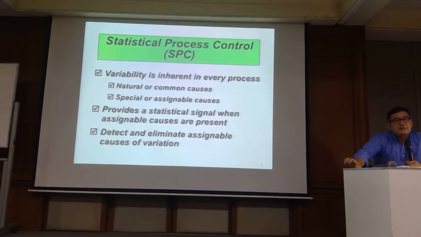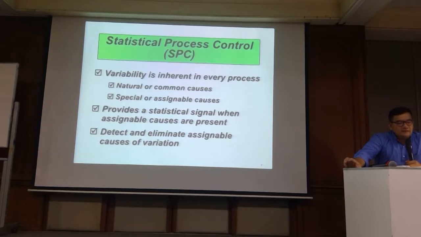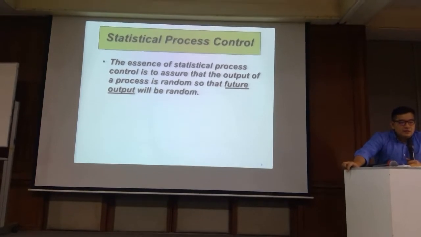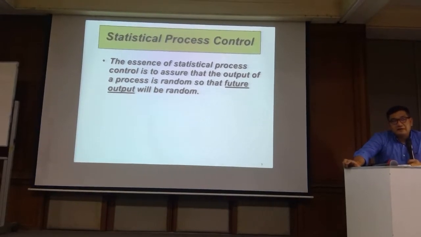And SPC or the control chart is the method we can use to detect whether or not our process has assignable variation. Generally, if the process has only natural variation, the output of the process can be like random output.